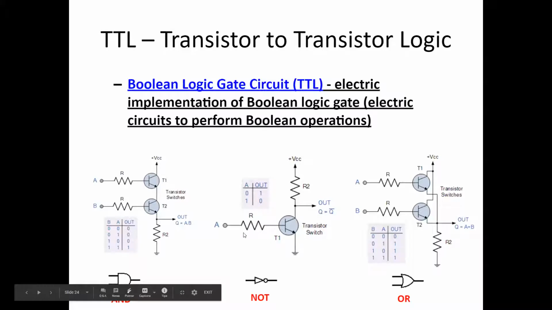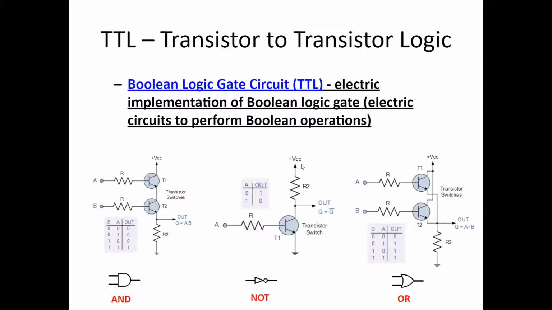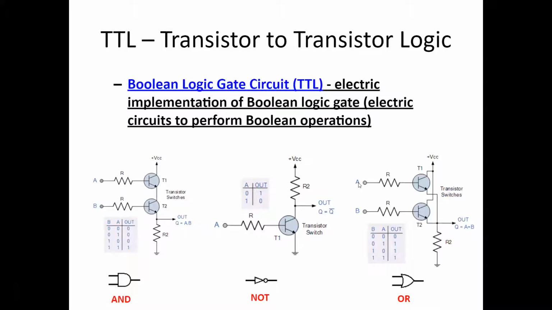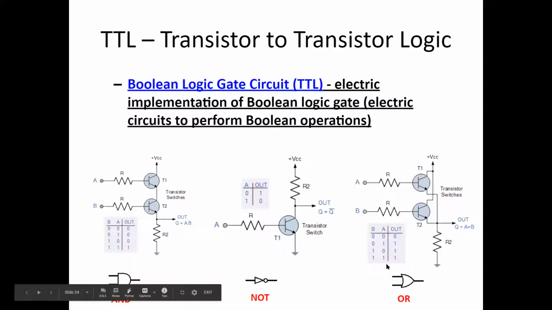NOT can be represented using this transistor switch, and so the output is immediately reversed. And the OR logic gate, in which either one of these values needs to be 1, and so the output would then be 1.